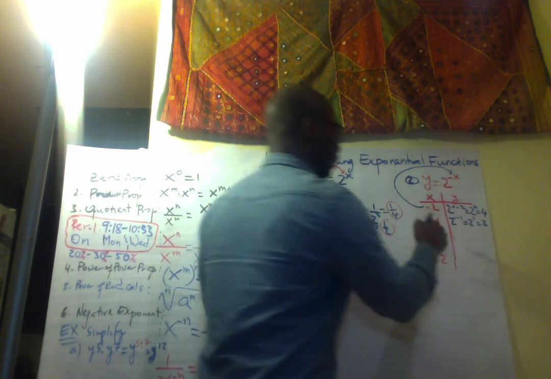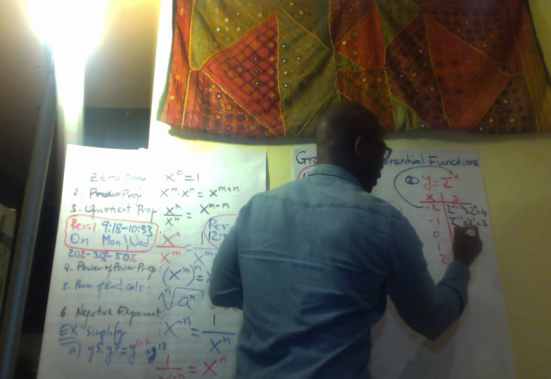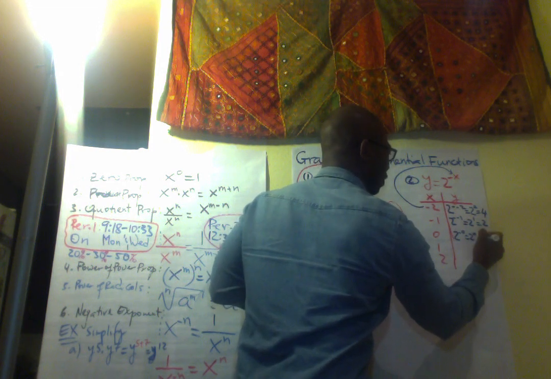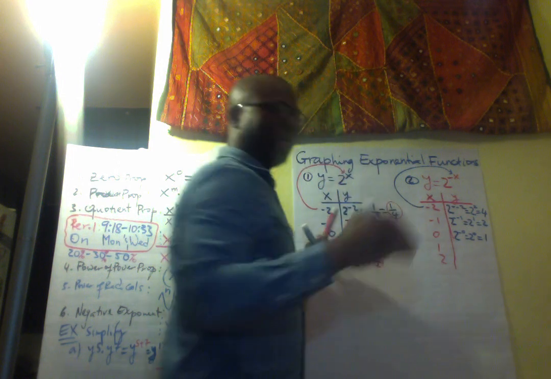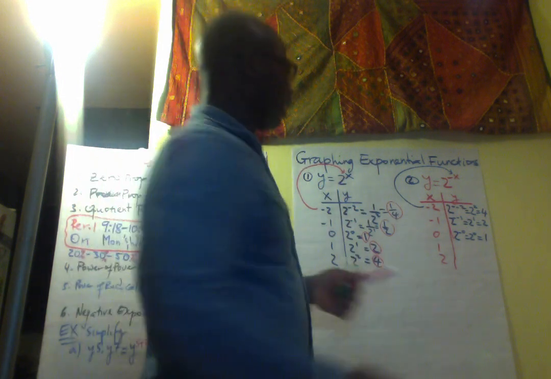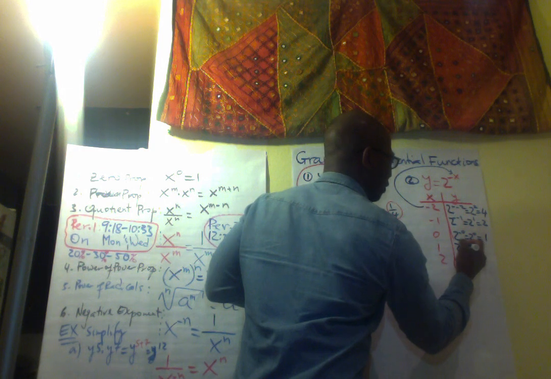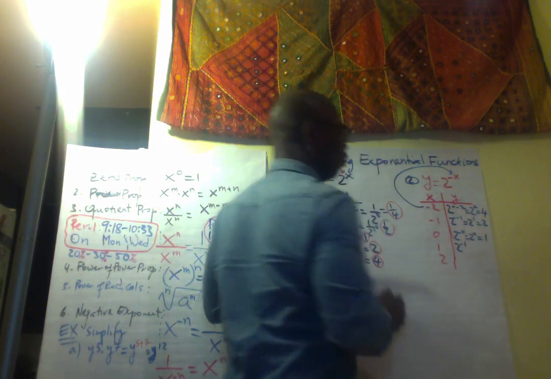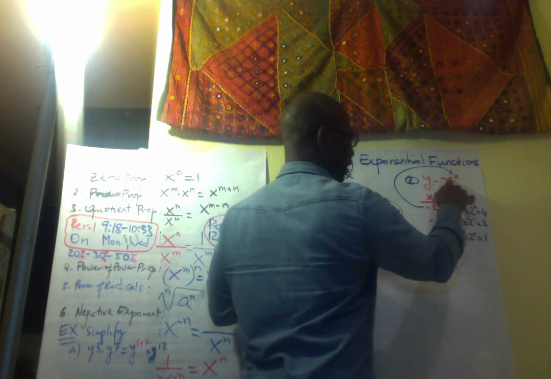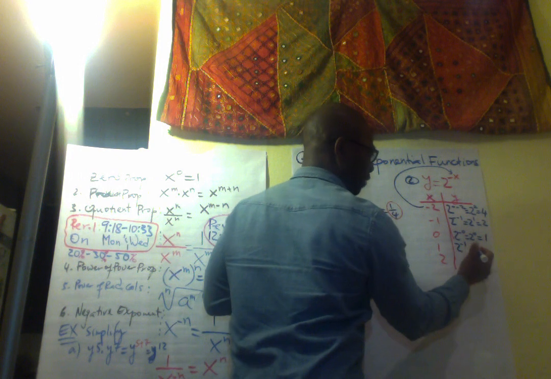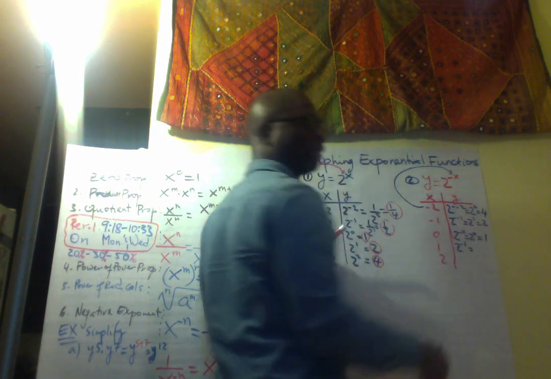Then we plug in 0. 2 to the -0 is just 2 to the 0, which is 1, because anything to the power of 0 is 1. And we plug in 1: 2 to the power of -1. The negative is there, don't forget. We do not like negative exponents, so we're going to bring this one down.